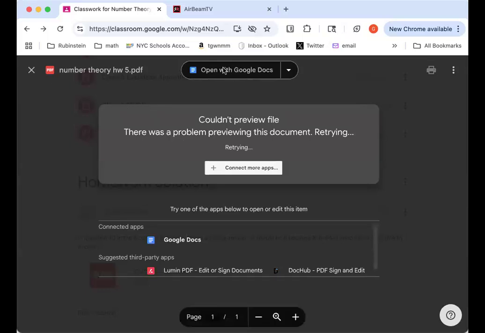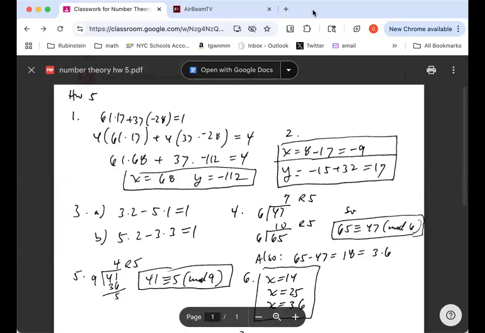Homework. Here we go. As I was saying, about half the people seem to get the homework done by about 6 p.m. Some people have jobs and different things they're doing, and they're not able to do it until later at night.